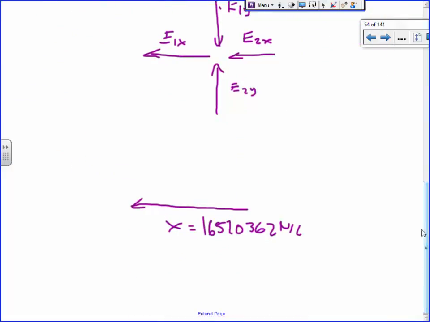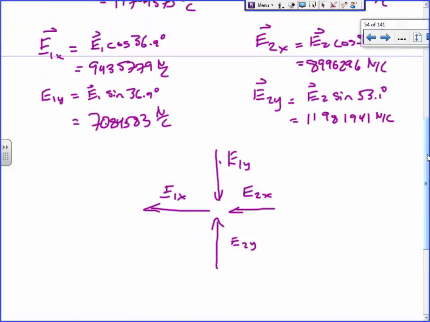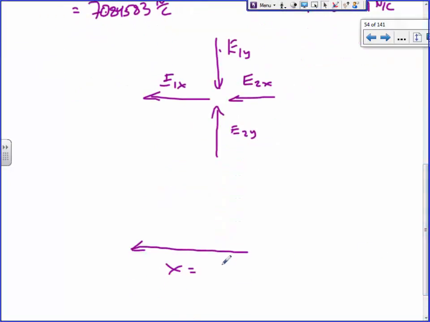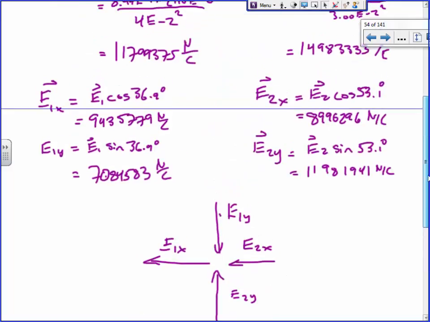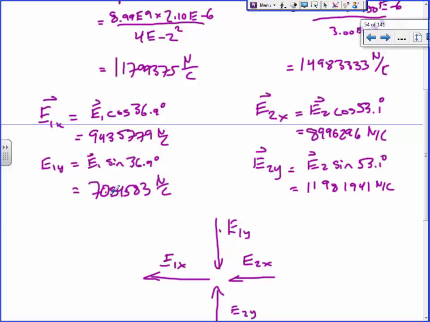Oh, I used the wrong numbers. Shoot. Okay, hang on. In the x direction, I need the 9,000 number. There it is. Plus the 8,000 number. Okay. In the y direction, who wins?